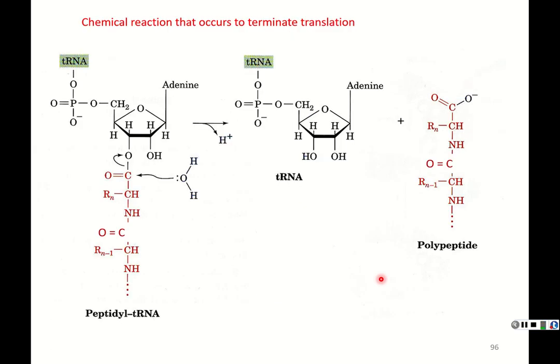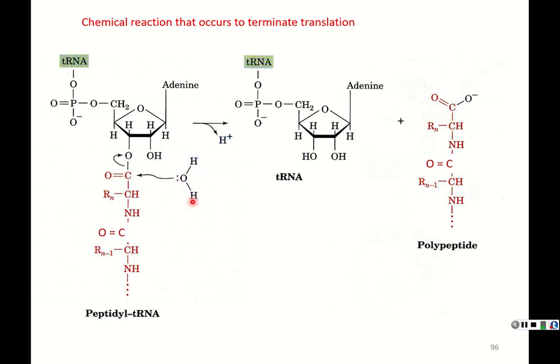The chemical reaction that is used to terminate translation: you have that ester bond between the 3' hydroxyl on the terminal adenine base and the carboxyl group of the last amino acid in the peptide chain.